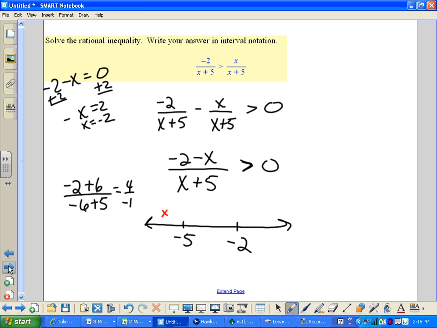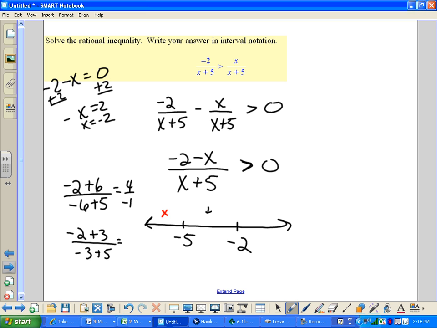Okay, so let's try the middle section. So something that would be in between here, negative 5 and negative 2, I could say maybe negative 3. All right, so let me substitute in a negative 3 and test negative 3. So that'll give me negative 2 plus 3 over negative 3 plus 5.